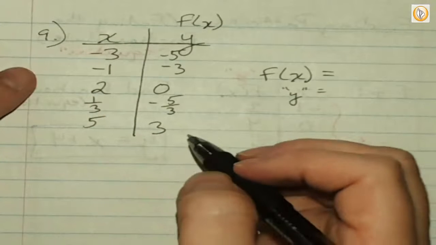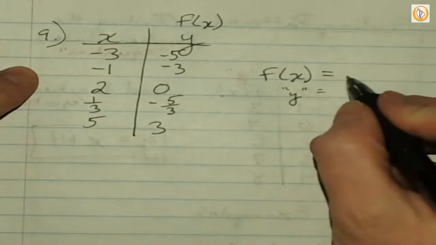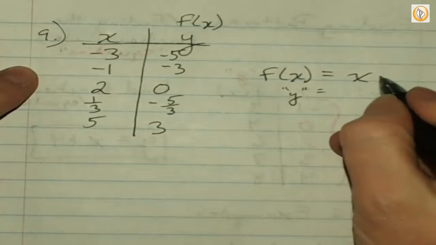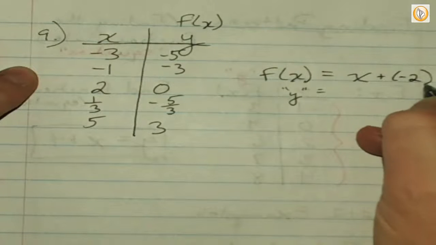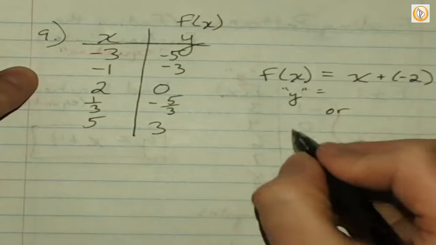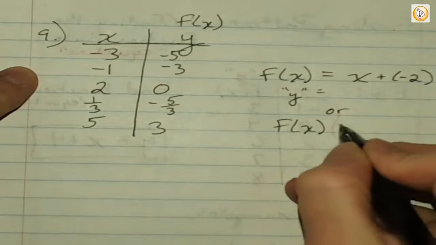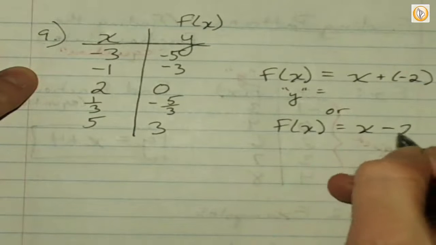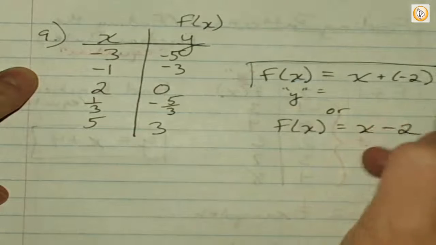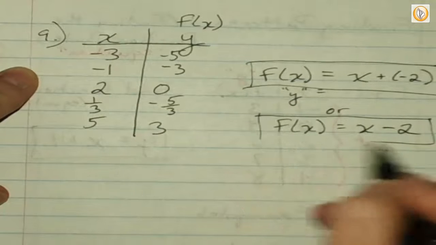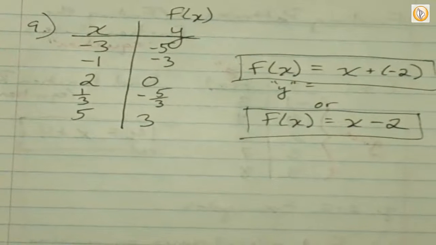So does that check out? Yeah. So you could say x plus -2, or you could say x minus 2. I feel like x minus 2 is slightly easier. Hey, it doesn't matter. It's the same exact thing. So both are correct.